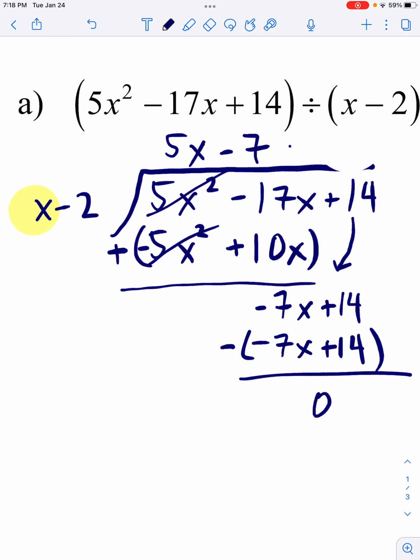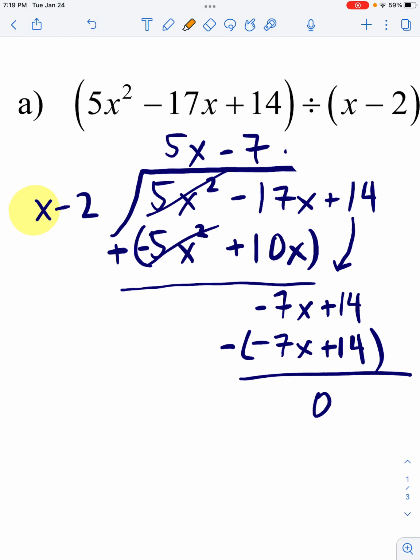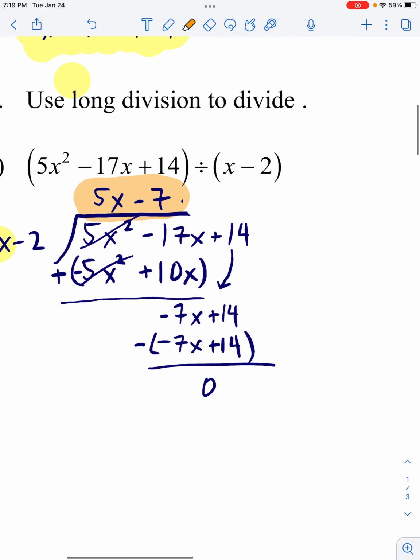I'd technically write plus 0 over x minus 2, but that's just 0, so that goes away. So my answer here, and I'll highlight it in orange, is 5x minus 7. So 5x squared minus 17x plus 14 divided by x minus 2 equals 5x minus 7.